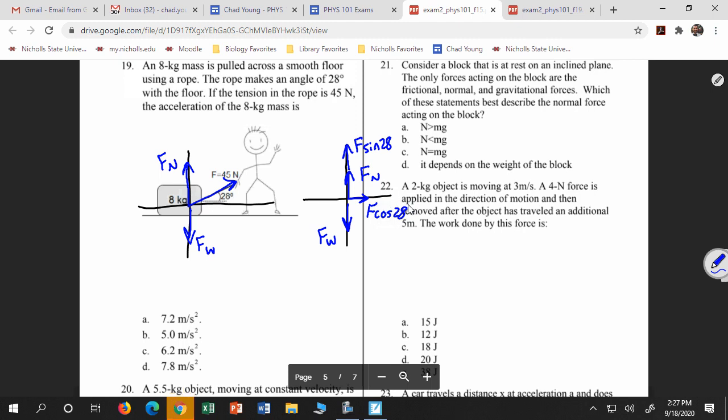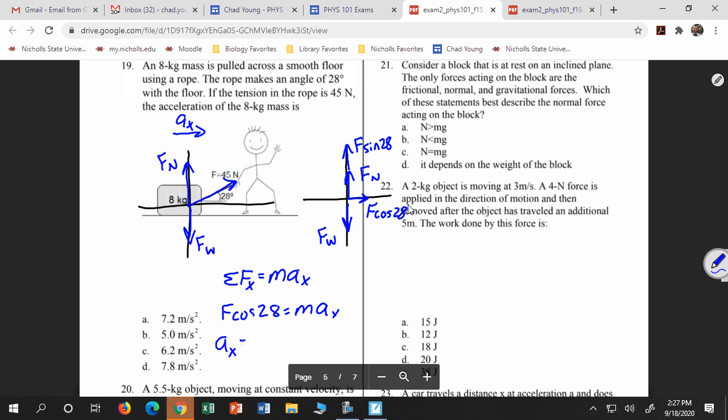The acceleration is presumably in this direction because that's the direction of the force. So I'm just doing the sum of the forces in the x direction equals max. The sum of the forces in the x direction is really just F cosine of 28, and that's equal to max. I know everything in that equation, so I can solve it quickly.